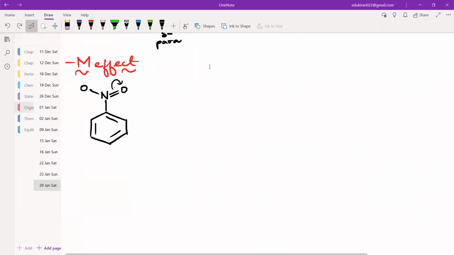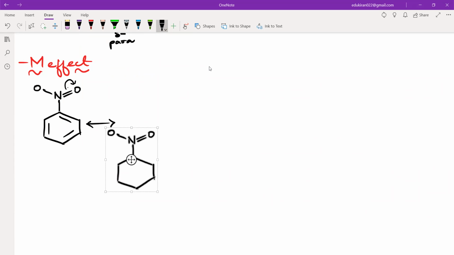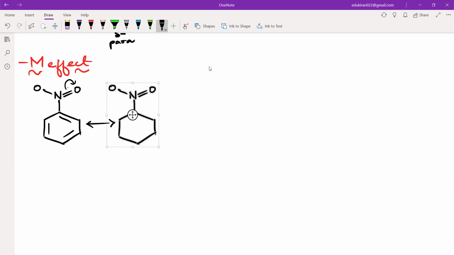So what I'm going to do, I'm going to show you the movement of two electrons like this, right? So this bond is going to break, and this bond is going to move to this nitrogen atom, okay? So wait a second, let me just do stepwise. Now here what happens?